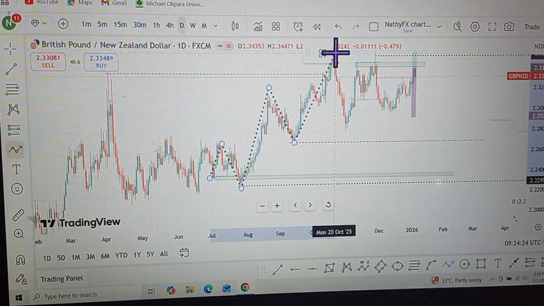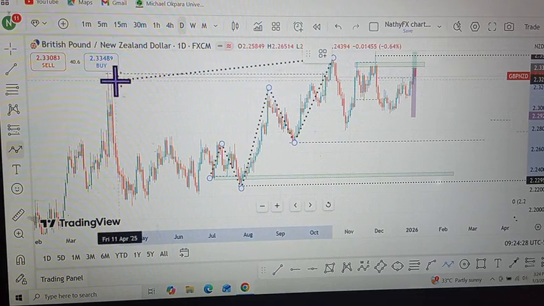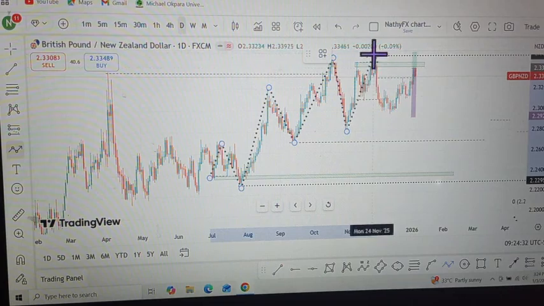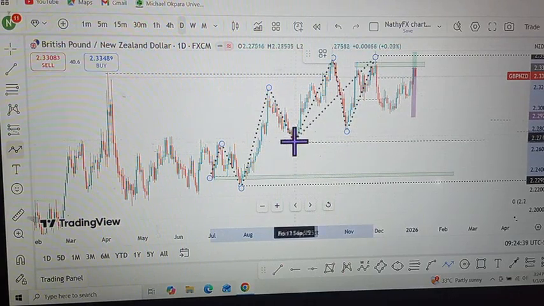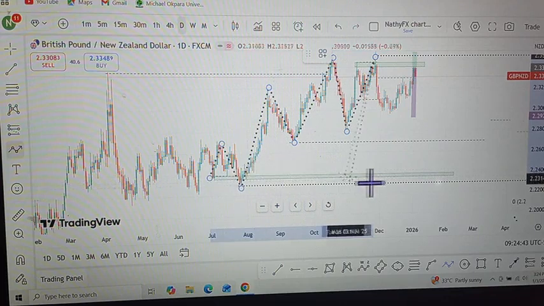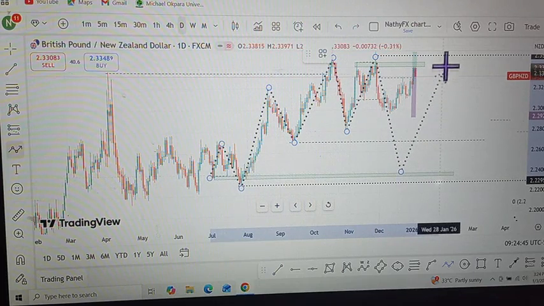Then we saw a break of structure, the break of this structure here. Then we saw another break of structure. Then we want the market to sweep this particular liquidity here, come into our POI, point of interest, and buy off.